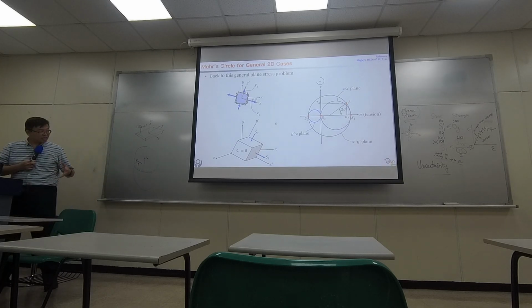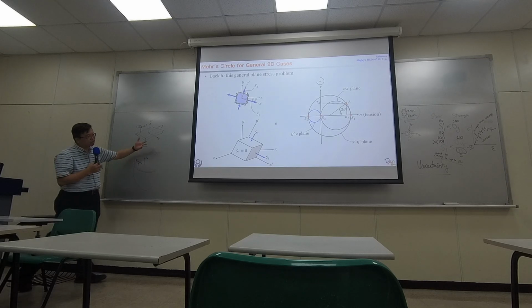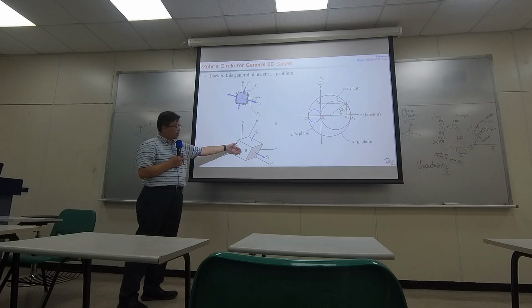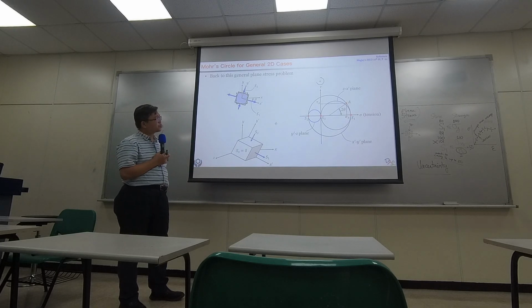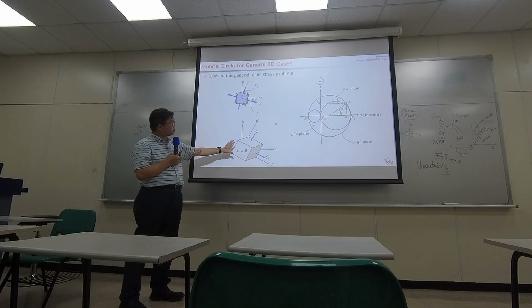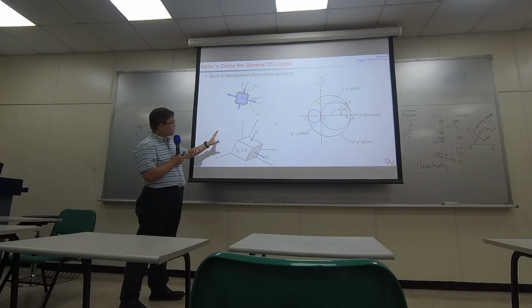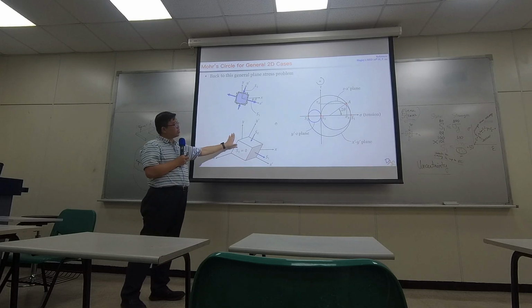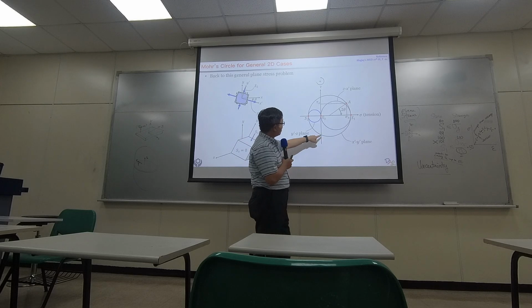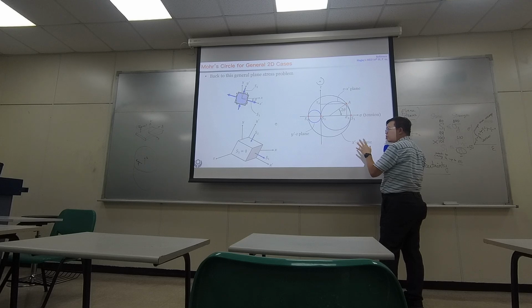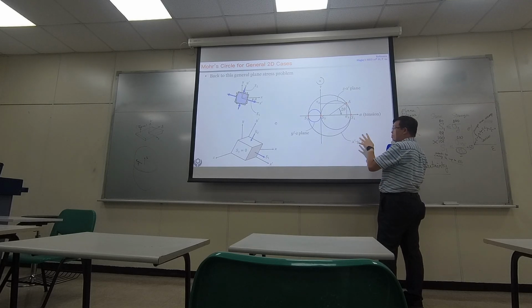But if you are not dealing with these two kinds of problems, then in general you may have stresses in the third coordinate. Take even this plane stress problem as an example: actually there are 3 Mohr circles. For the XY coordinate, you have the big circle right here, the stress condition in the XY plane.